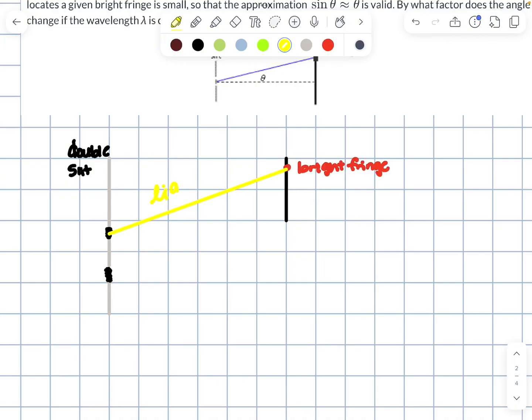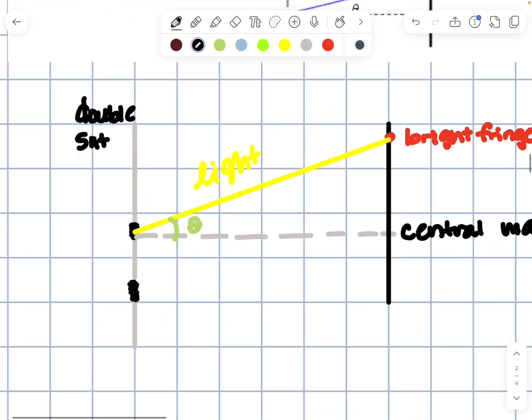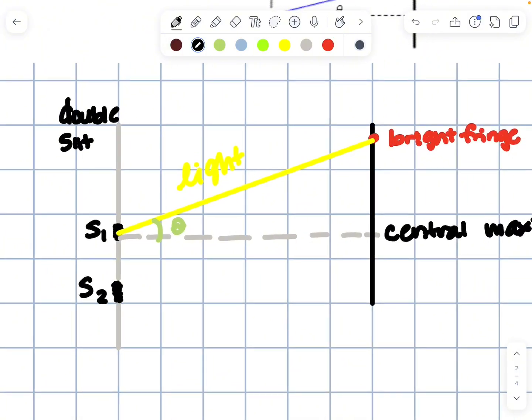This is the light. Okay. And then it's separated by d. We have to find this angle here, just theta. Okay. There. Perfect. This is going to be the central maximum. And then we have slit 1 here, and this is going to be slit 2. Just easier for me to differentiate them. And then our D here.